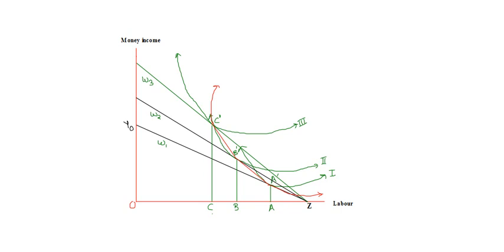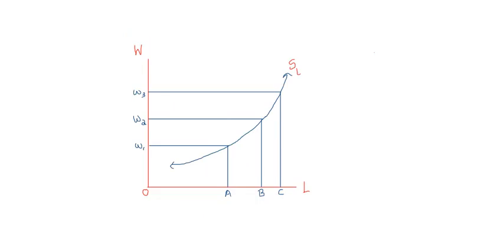So this downward sloping curve, which connects points A dash, B dash and C dash, will help us in showing the supply curve. So taking into consideration the relationship between working hours and the wage rate, we can move to the diagram for obtaining the supply curve of labor.